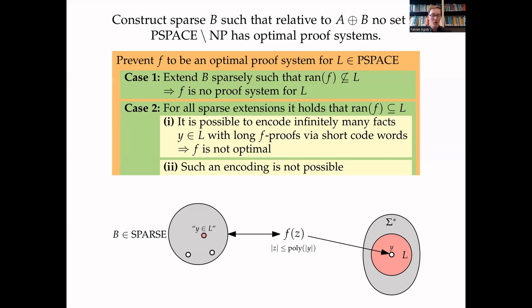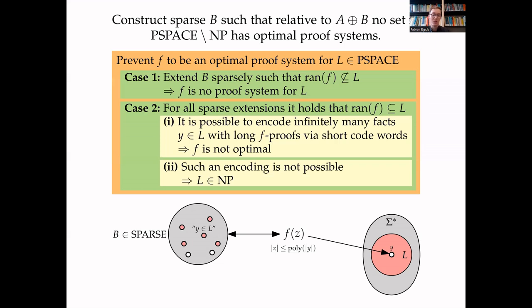And this gives the impression that by encoding all these facts that are in L, we can achieve polynomially bounded proofs for F, which means that L is inside NP, which also makes progress for our oracle construction because for sets inside NP, we do not have to do anything. But unfortunately, this adds too many words to the oracle such that it is not sparse.